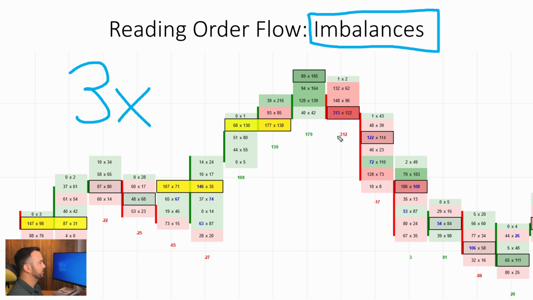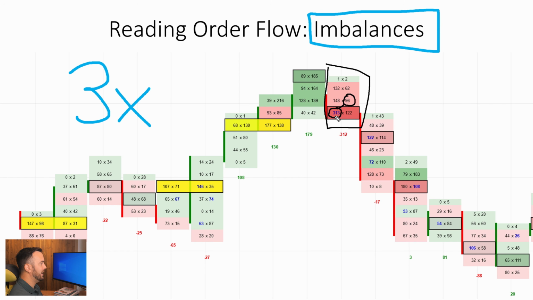So take a look, for example, at this footprint and take a look at this number here, 313. It's highlighted in blue. That means that it is imbalanced, right? My software highlights those so I can spot them easily. And you always compare diagonally. That's how you read order flow, like this.